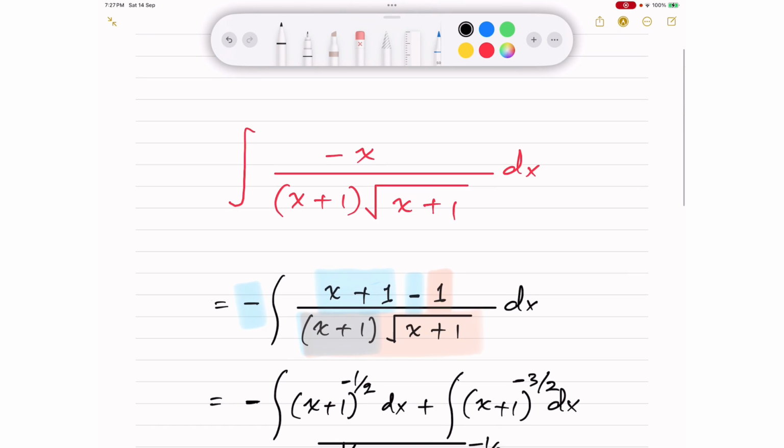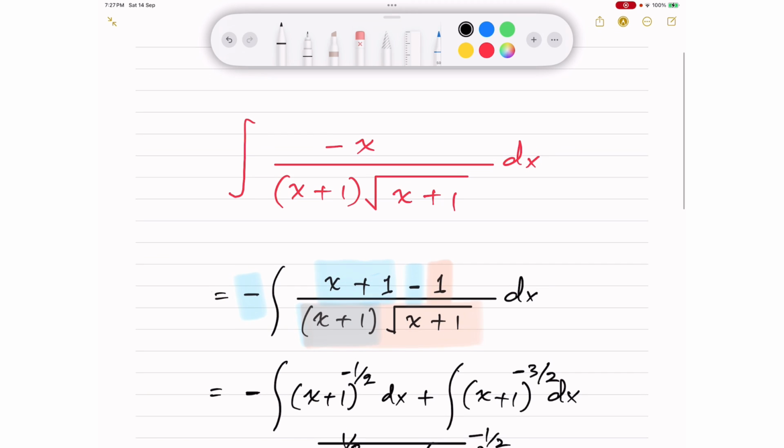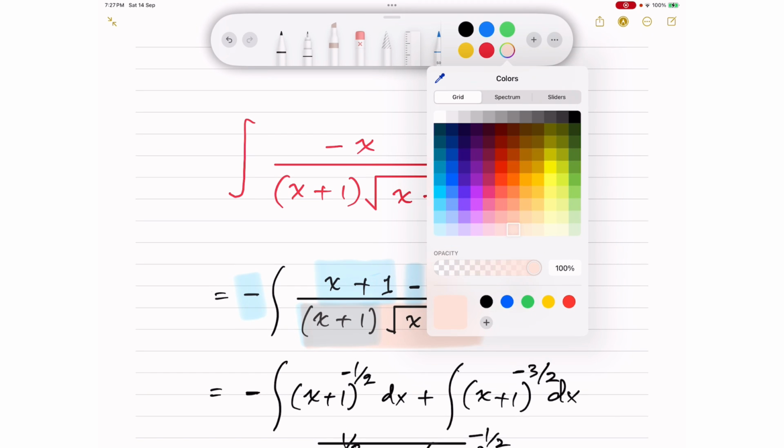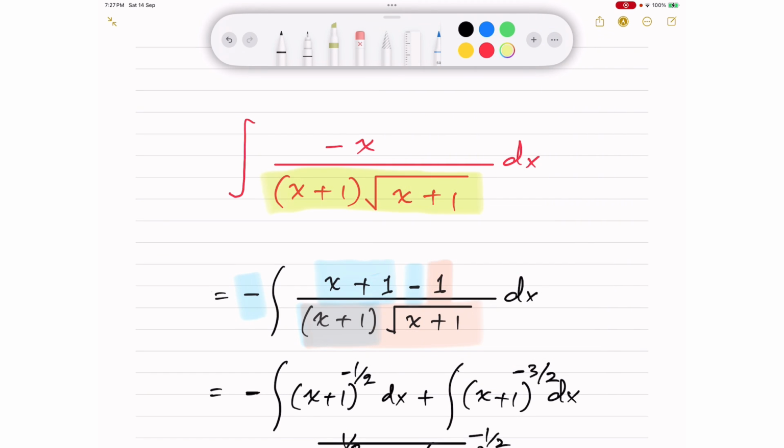Another way to look at this is that we can look at the denominator here. We can merge these two terms in one single term and then get it to the numerator, and then we can solve it by parts. So let's do that.